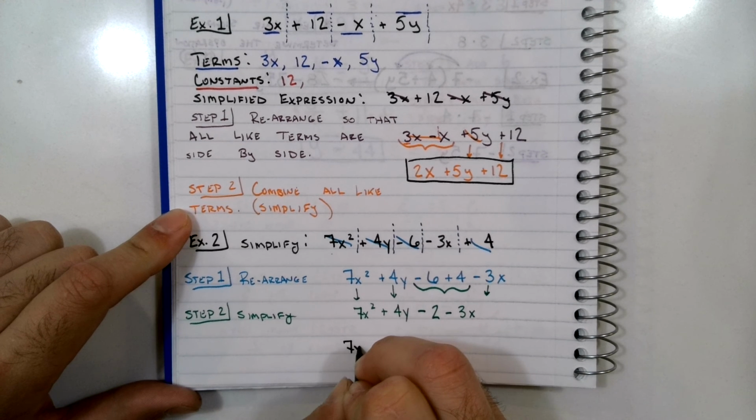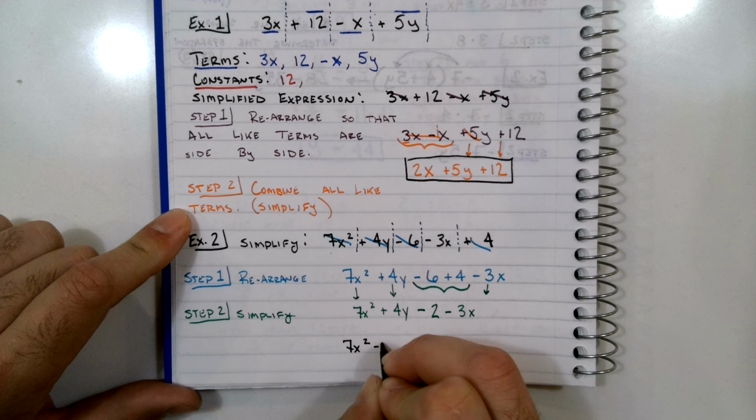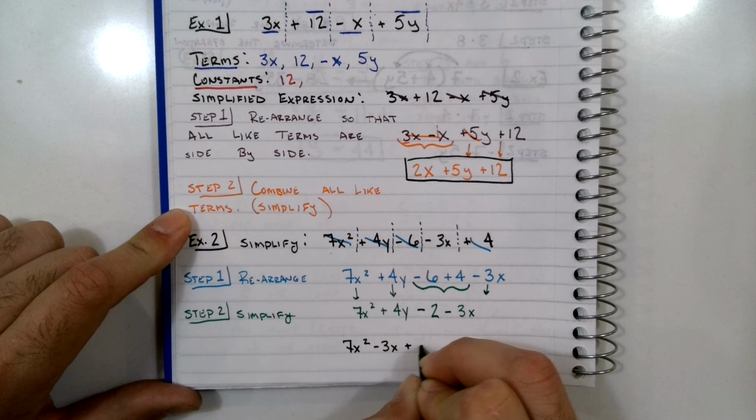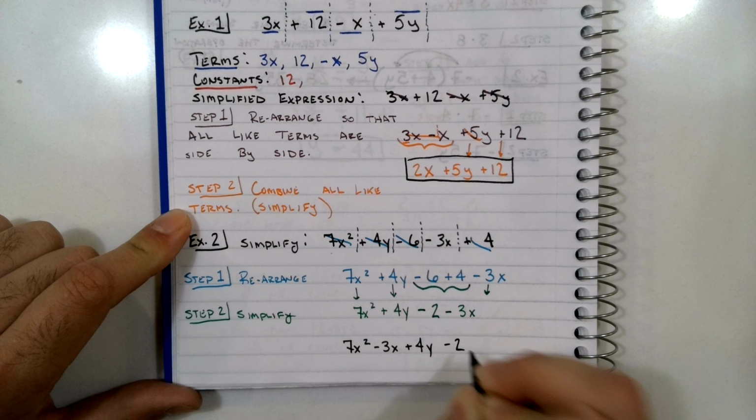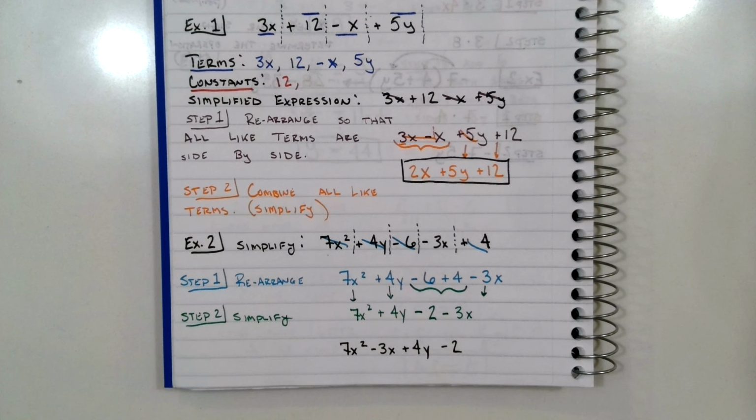So it would be 7x squared minus 3x plus 4y minus 2. It's probably going to look like that. For some reason, there's this unwritten rule where they'll put their constants at the very end. They'll put all the same variables together and go down a line in alphabetical order for some reason. If your answer looks like this, you're not wrong.